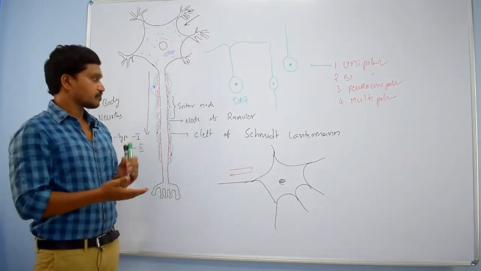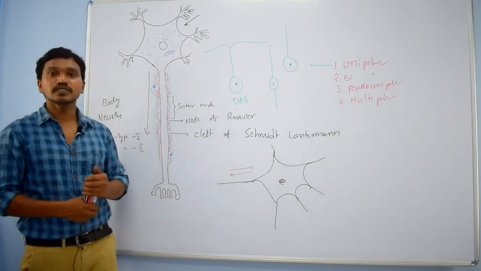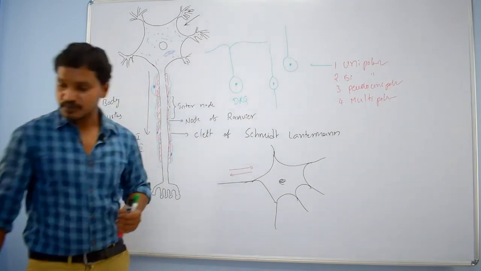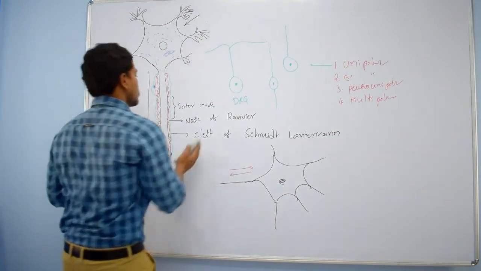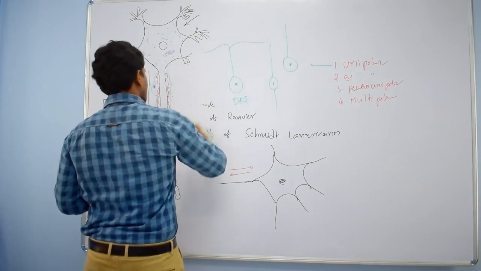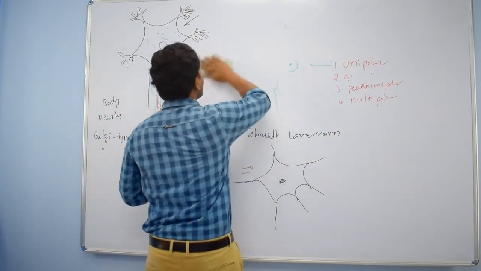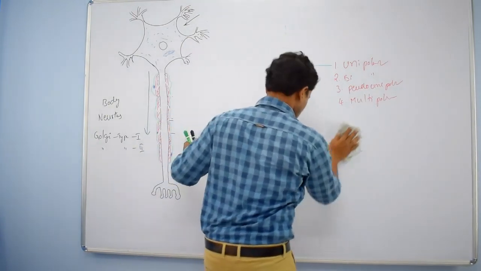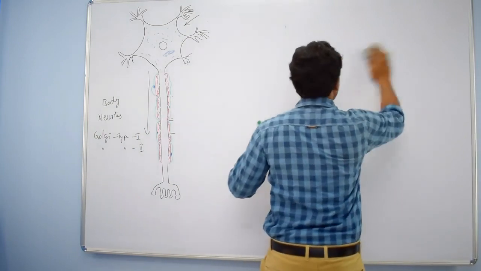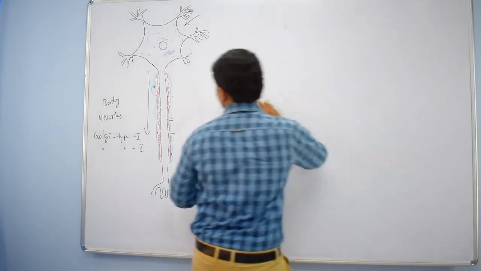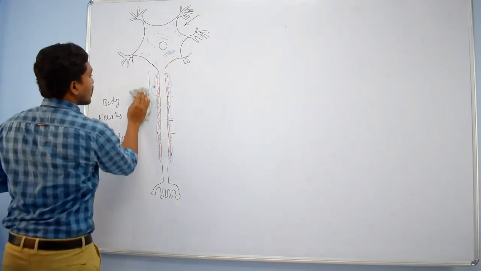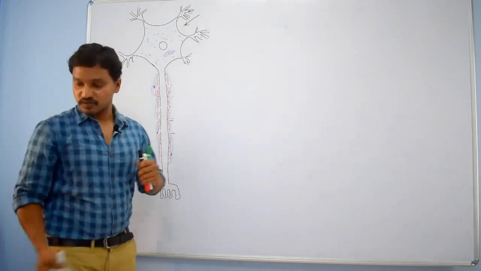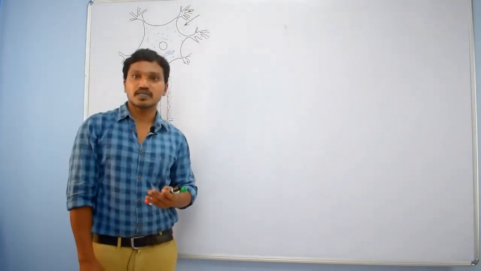Clear? Then after this we will see what a synapse is. What is a synapse? A synapse is a connection or junction between two neurons. It is a junction between two neurons, so that all these neurons form a chain which conducts the impulses.